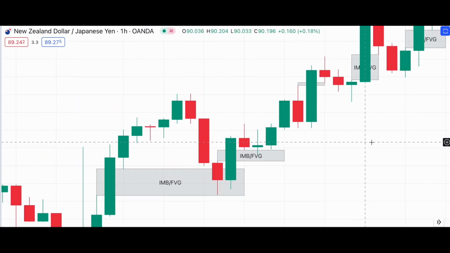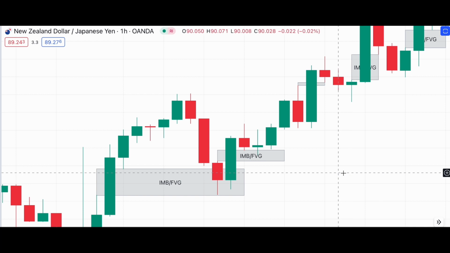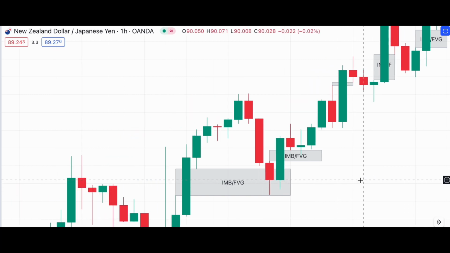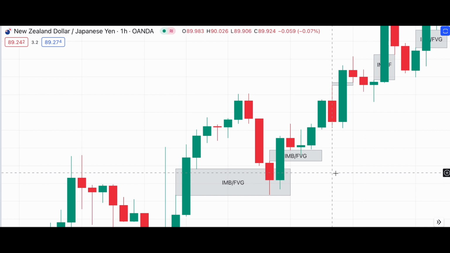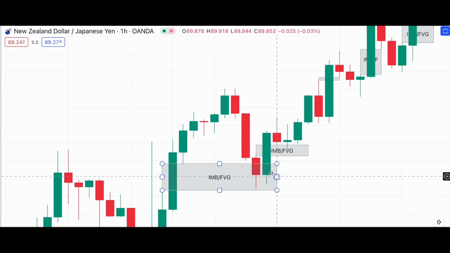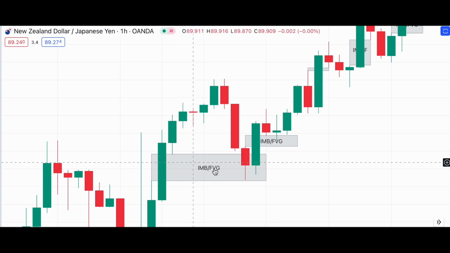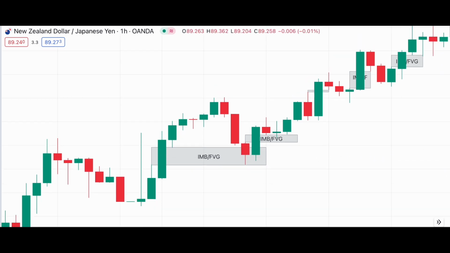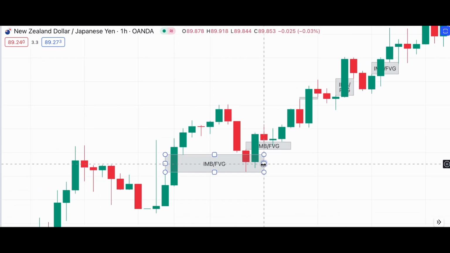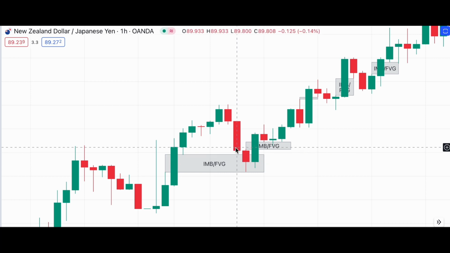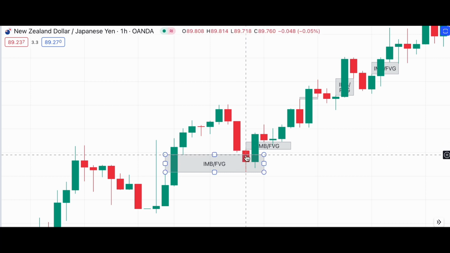Personally, I will take the imbalance as one of my confluences or confirmations. I will not take the entry by using the imbalance. I prefer the supply and demand zone as my entry zone. But of course, this is up to you.